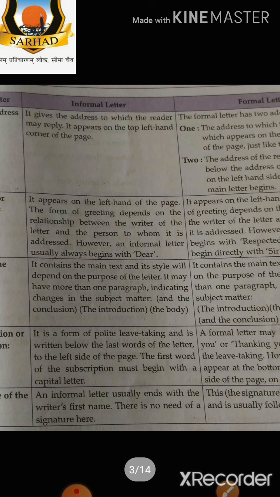Yes, the address will come first in an informal letter. And whose address is it? That is the sender's address, and it should be at the left hand corner of the page.